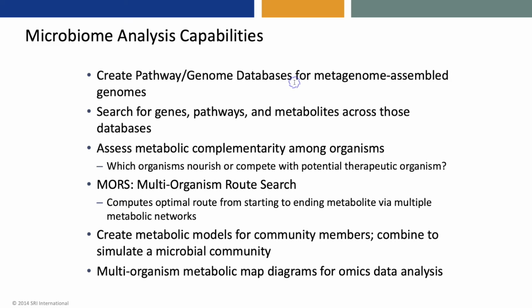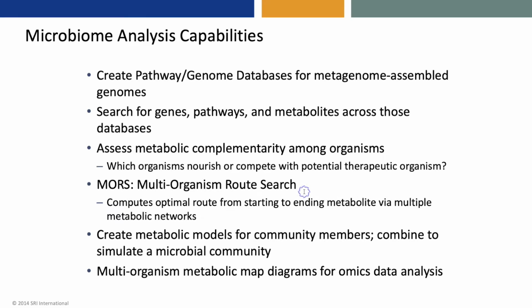We also have tools for assessing the metabolic complementarity among organisms, such as to find which organisms can nourish or compete with a potential therapeutic organism. We also have a tool for multi-organism route search that computes an optimal route through the metabolic network from a starting metabolite to an ending metabolite via reactions obtained from multiple metabolic networks specified by the user, such as the multiple organisms in a community.